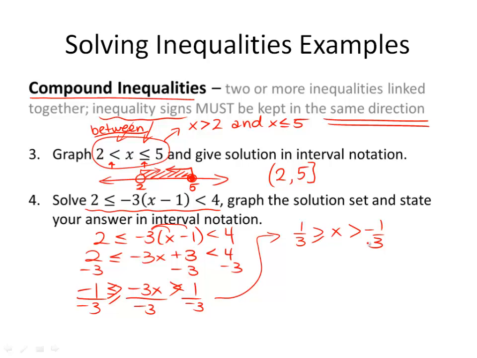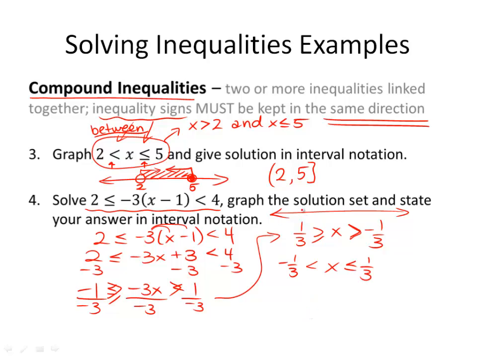And when we write these, we always want the alligators eating to the right because we want it to be in numerical order. So we want the smaller number first all the way up to the bigger number. So we actually want to reverse this to say x is greater than -1/3 and x is less than or equal to 1/3 is the same statement.